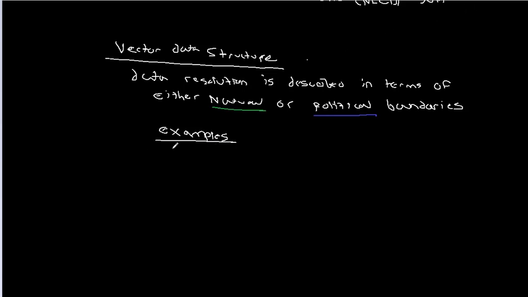So you could have population data at the block level. In this case, blocks are a civil division, so that is a political boundary.